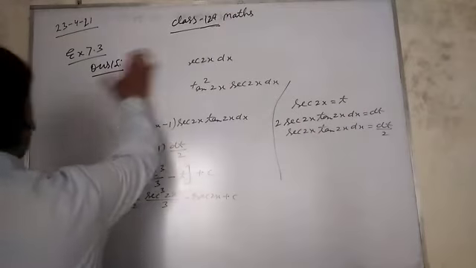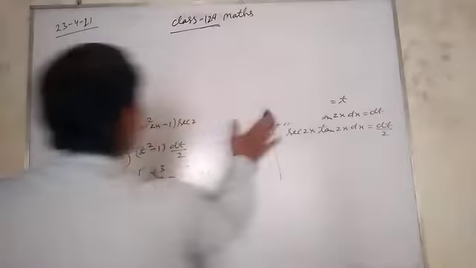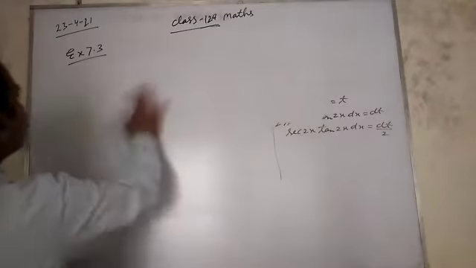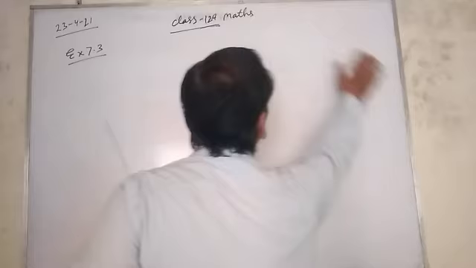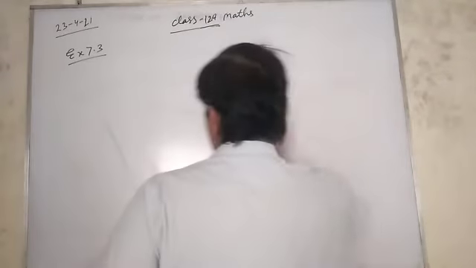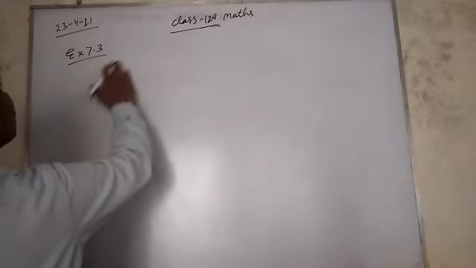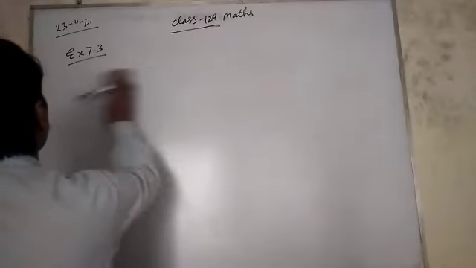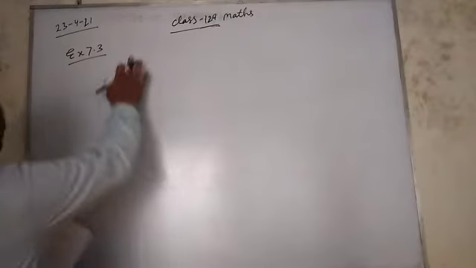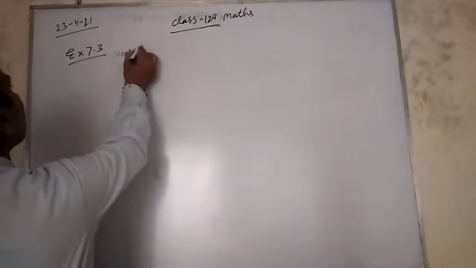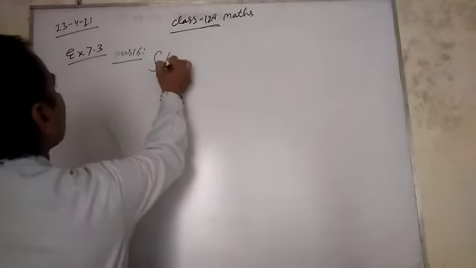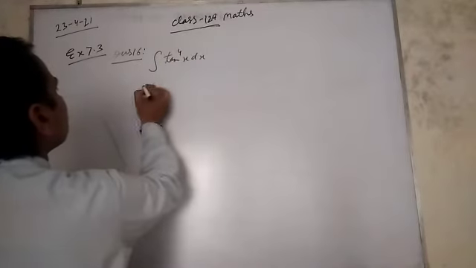Then question number 16: tan power 4 x dx.